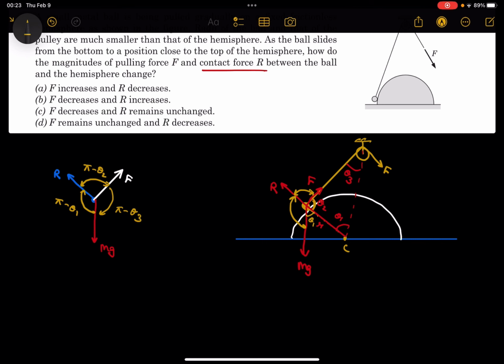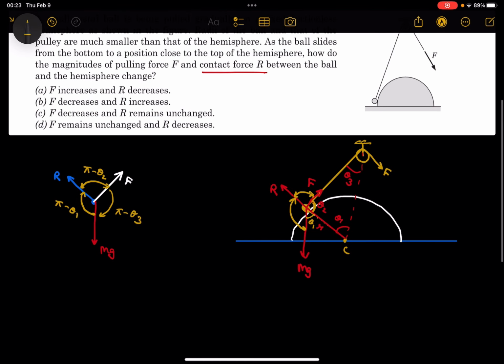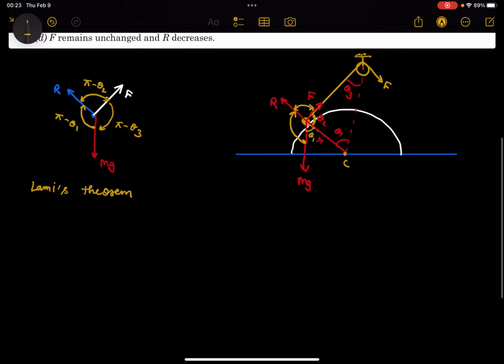So, as the ball is in equilibrium, I apply Lami's theorem. Lami's theorem says, my dear friends, R upon sine of pi minus theta 3 is equal to mg upon sine of pi minus theta 2 is equal to F upon sine of pi minus theta 1.